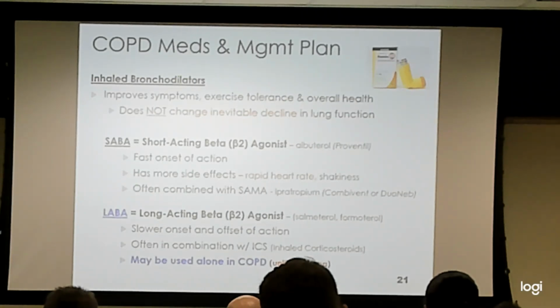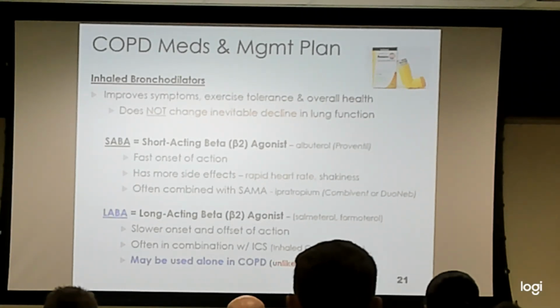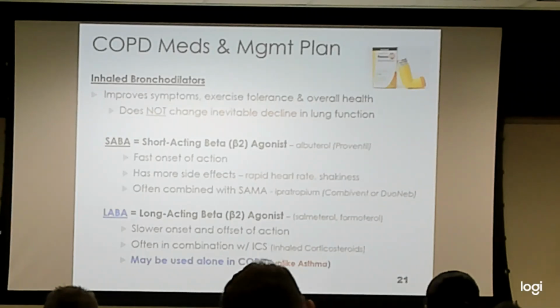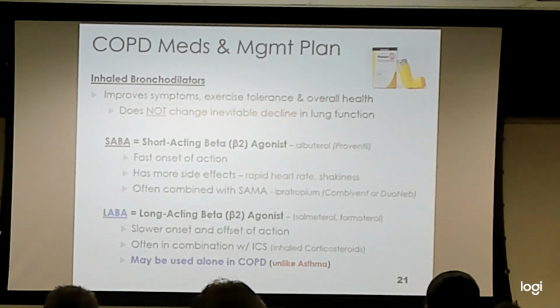So short-acting, these are albuterols, Proventils, really fast onset of action, so that's good. Helps with symptoms immediately. Biggest concern here is that people do get kind of shaky. The nervousness, I don't know if anyone's ever, I did have epi once in my leg, and woo, that was some good stuff. I felt like I could run around the post. But the inhalers will cause a little shakiness, increase your heart rate.